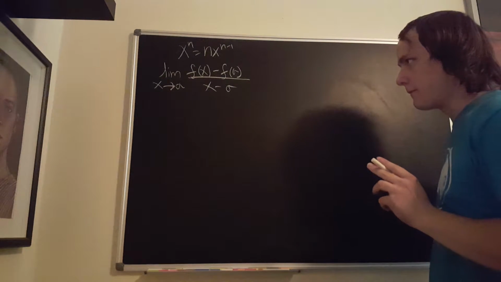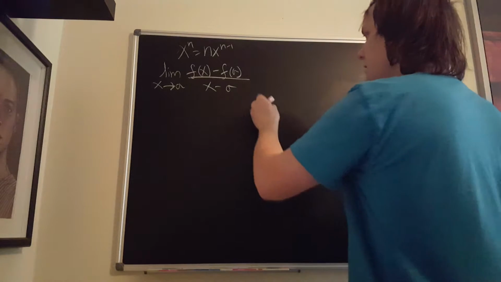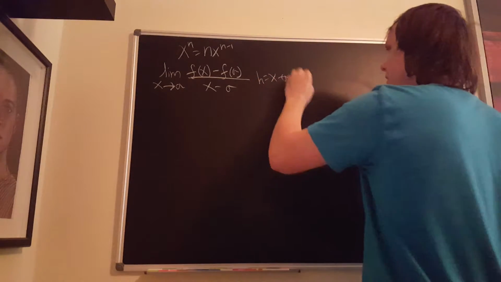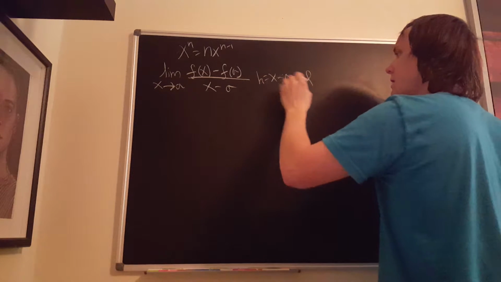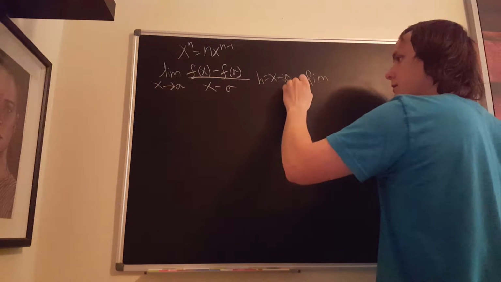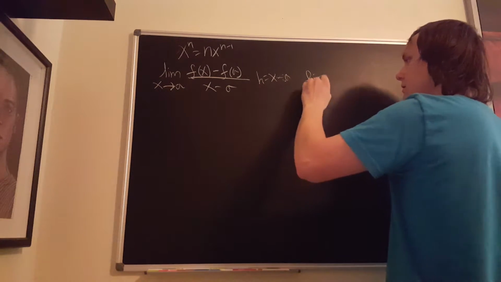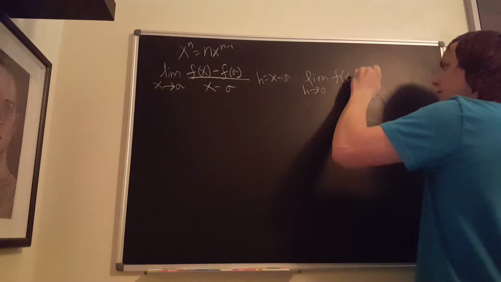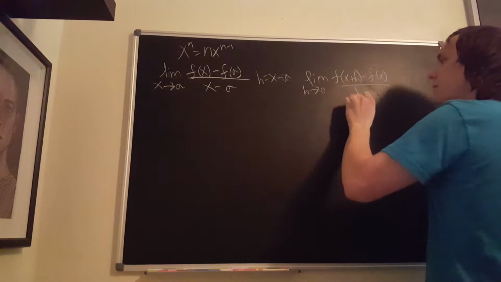I prefer for this to use the alternate definition of setting h equal to x minus a, and then taking the limit as h approaches 0 of f of x plus h minus f of x divided by h.